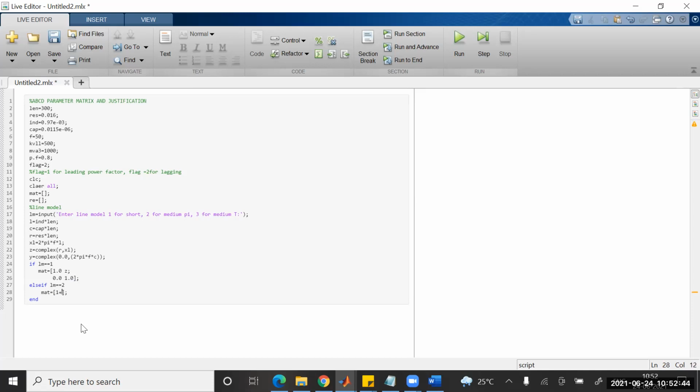1 plus y into z by 2. We have shown two transmission lines. What would be your z by 2? So this becomes 1 plus y into z by 2. This part is done. The second will be z. Now what will be your c?